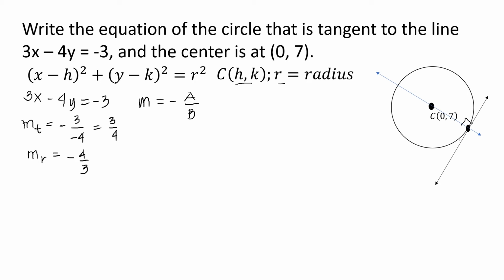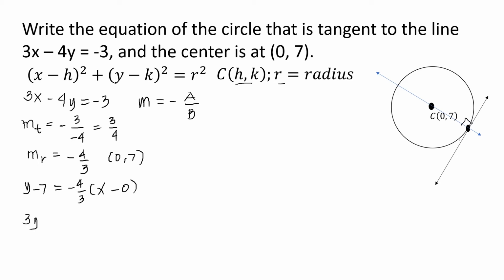Since we have the coordinates of the center of the circle, that is a point on the line containing the radius, so we can use the point-slope form to find the equation of the line containing the radius. So we have y minus y sub 1, that is 7, equal to the slope, negative 4/3, times x minus x sub 1, that is 0.